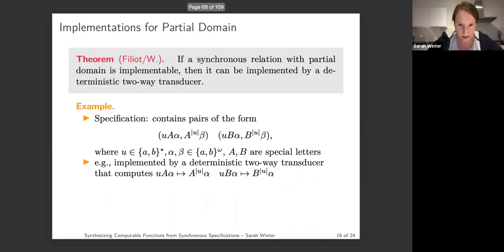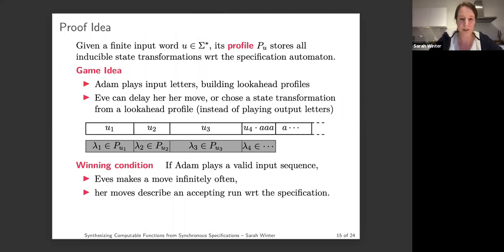If you take a look at this slide, so basically the upper drawing should be the input word, and it's partitioned into lookaheads. And the idea of a winning strategy is that we need 2 lookaheads in order to decide what the output should be for the first lookahead factor.